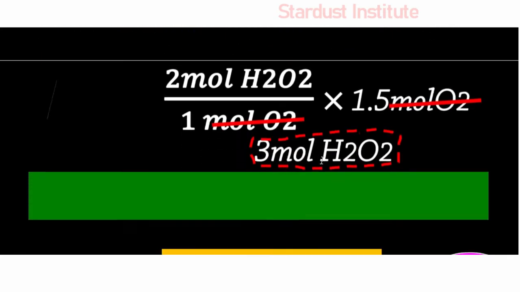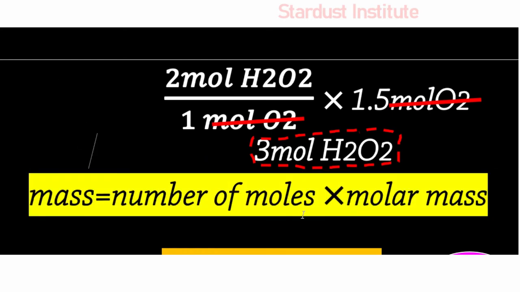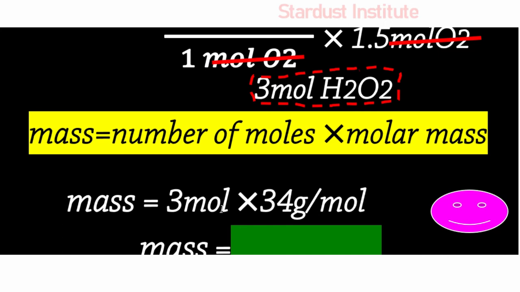We know mass equals number of moles times molar mass. Number of moles, we know 3 moles. Molar mass of hydrogen peroxide is 34: 2 oxygens, 32, 2 hydrogens, 2, altogether 34 gram per mole. 3 mole of hydrogen peroxide times 34 gram per mole, molar mass of hydrogen peroxide.